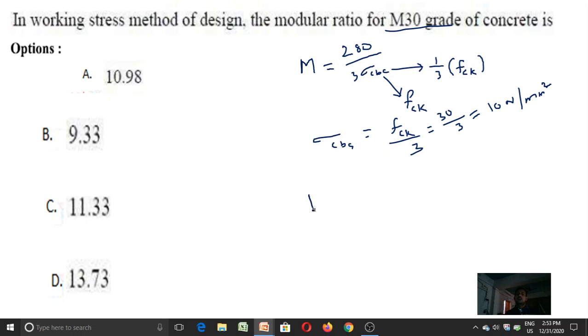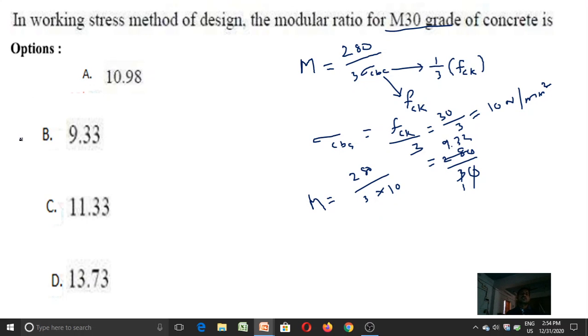Now substitute the sigma CBC value in the formula of modular ratio: 280 by 3 into 10, so we get 280 by 30. The zero cancels, and 3 nines are 27, 3 threes are 9. So the modular ratio for M30 grade of concrete is 9.33.